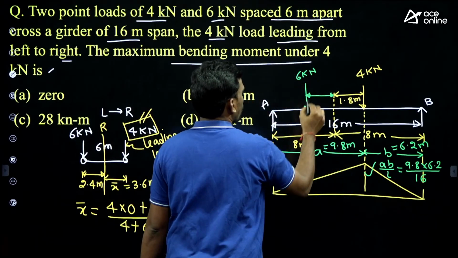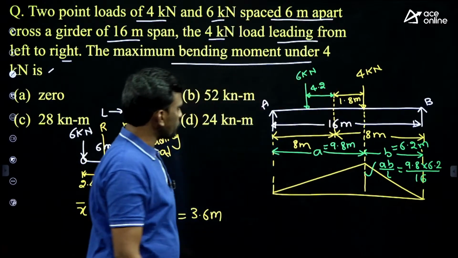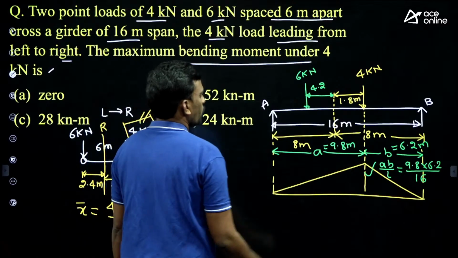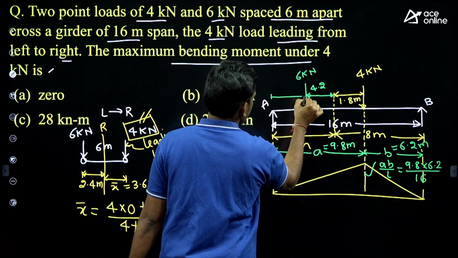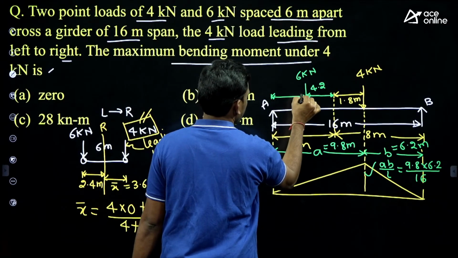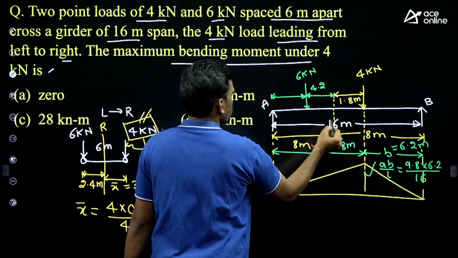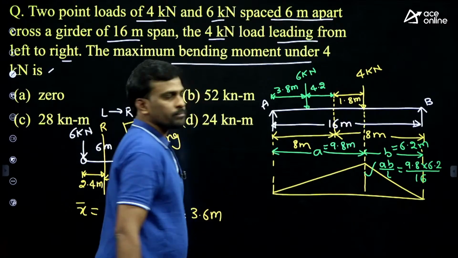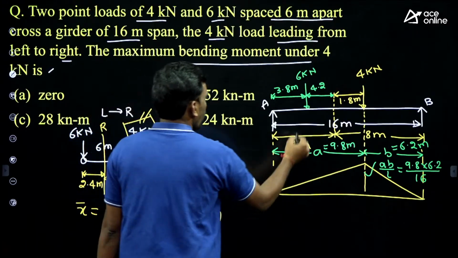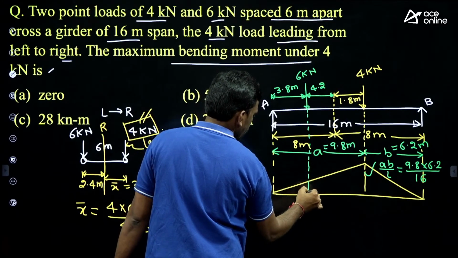If it is 6 meter, then this is 4.2 meter. Now can you find this distance? This is 3.8 meter.